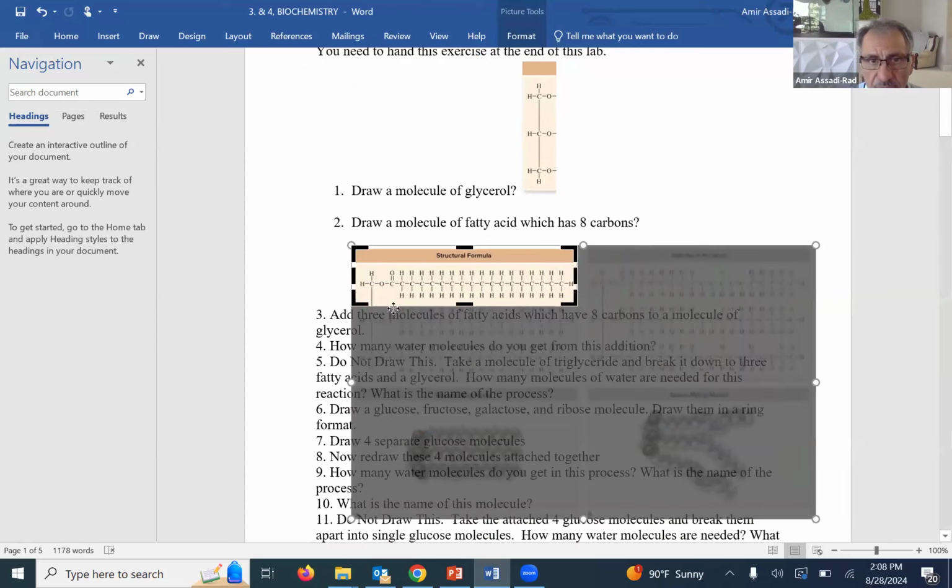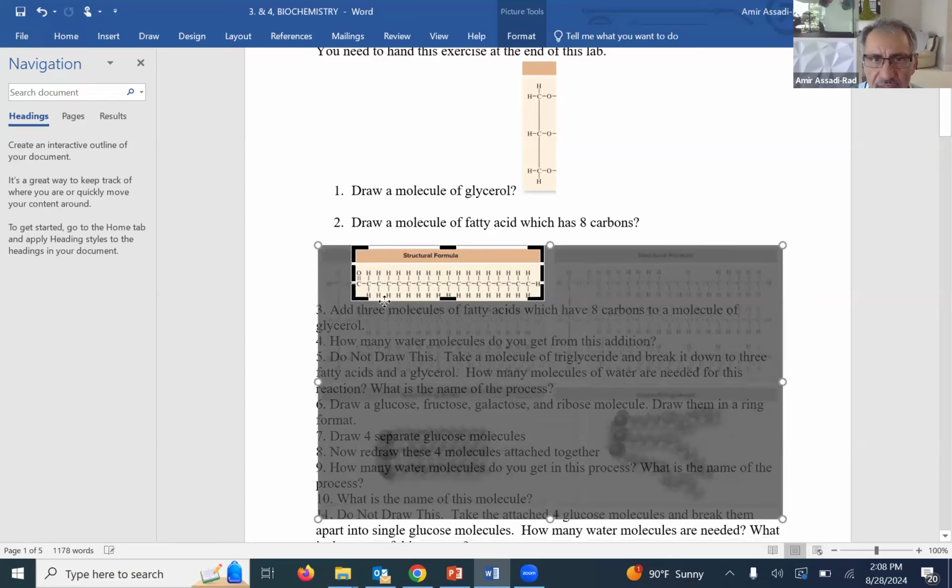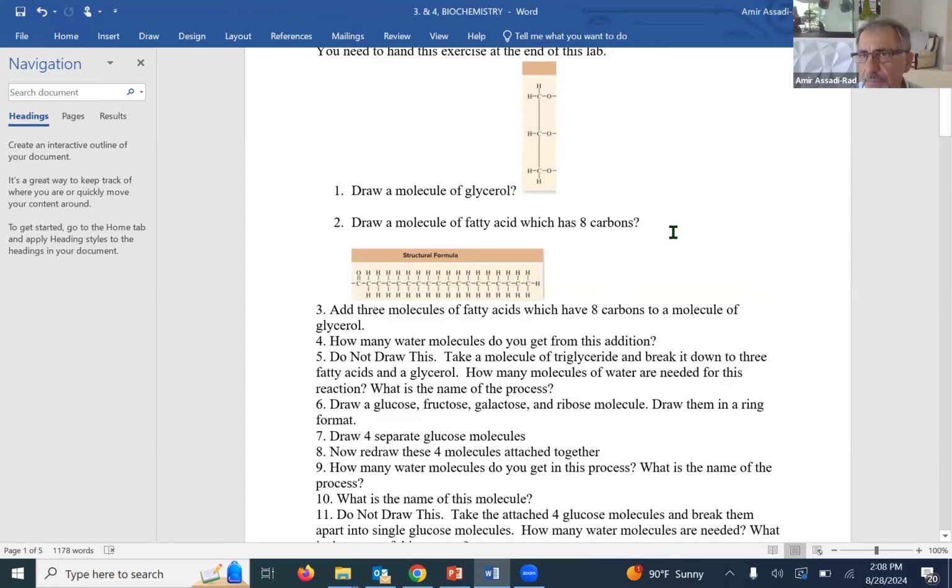So you crop up to here. The other end of the fatty acid is not like that. It is pretty much like this. I will put a picture of a fatty acid for you guys in here, and whatever else I see that is missing.